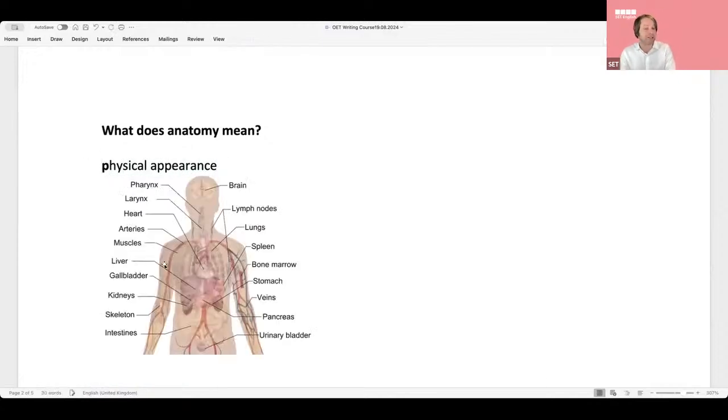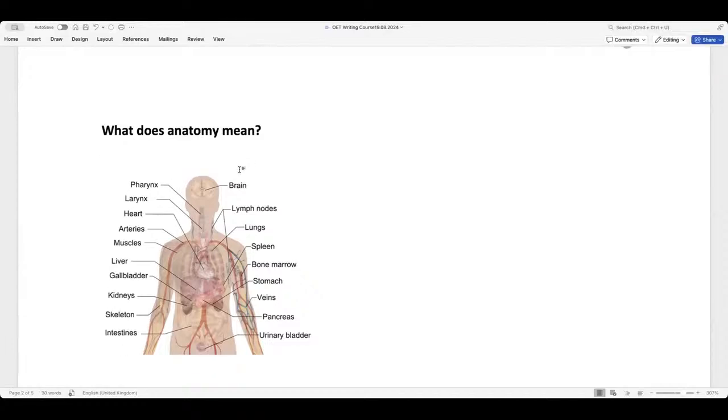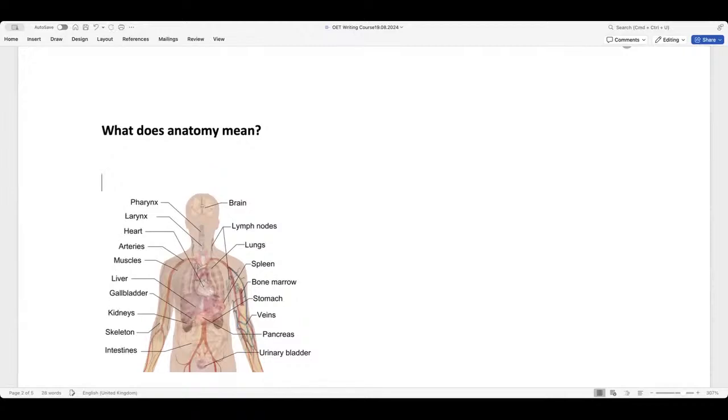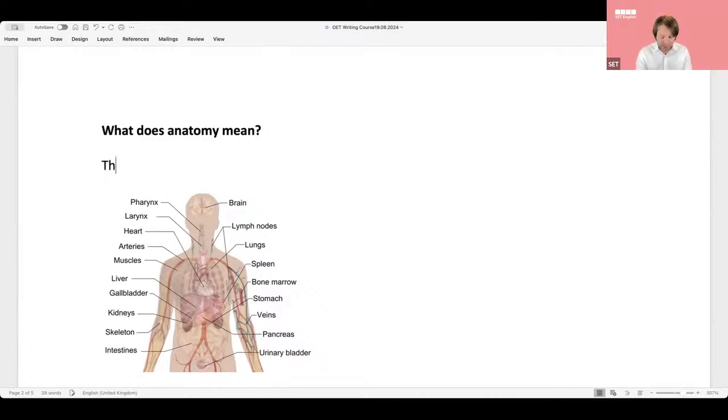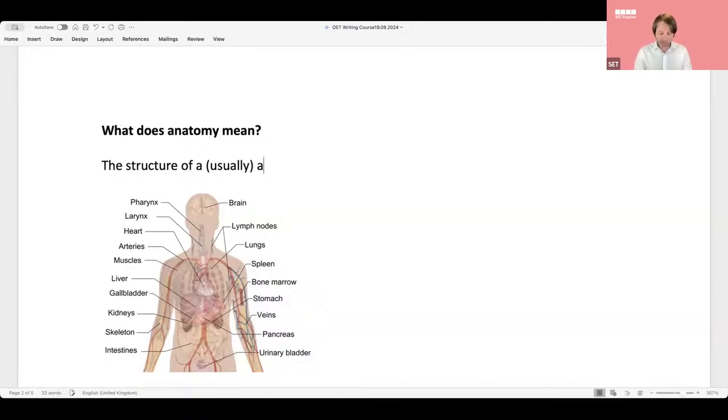Yes and no. I would say anatomy is like physical appearance. I mean, this is an anatomy, right? So what is it? It's not just the appearance. What is it? Anyone? Rita? Marwa? What does anatomy mean? Maybe the structure. Yeah, that's all I'm looking for. Exactly, Rita. Anatomy is the structure of, usually we use it for a body.